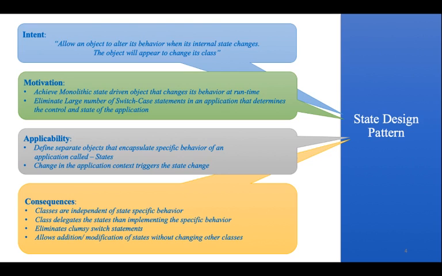The state design pattern receives its motivation from the need to support dynamic behavioral changes in an application. It helps to avoid lengthy switch case statements and helps to establish open-close structure.